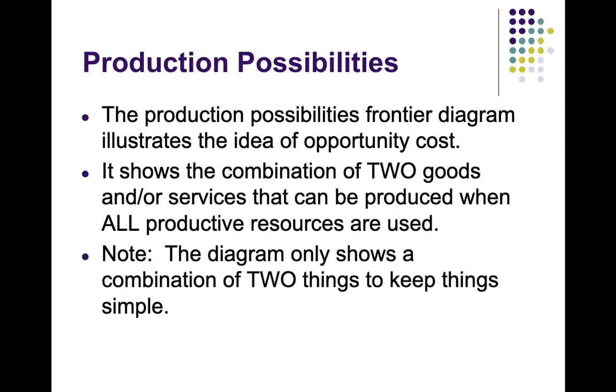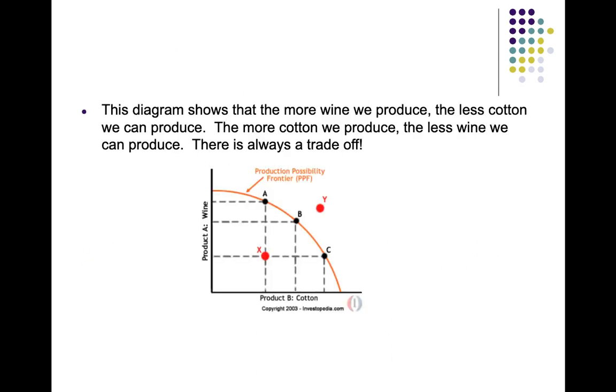And just so you know this, usually production possibility frontier diagrams only show you a combination of two things to keep it simple and not overwhelm people and get it confusing. So it's always going to be between two products. So in this diagram, it's showing that the more wine we produce, the less cotton we can produce. The more cotton we produce, the less wine we can produce. We're always doing some kind of trade-off.